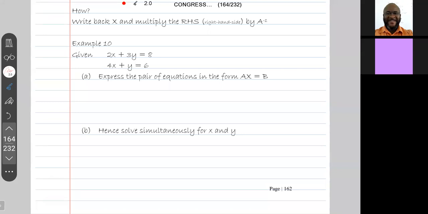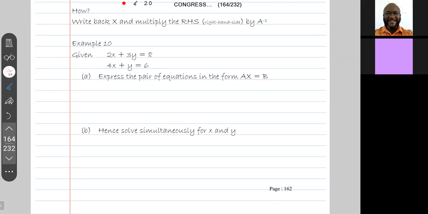Example 10. Example 10 says, given that 2x plus 3y is equal to 8 and 4x plus y is equal to 6, we are to, A, express the pair of equations in the form AX is equal to B. So what we're really going to do here is solve a pair of simultaneous equations using a matrices method.